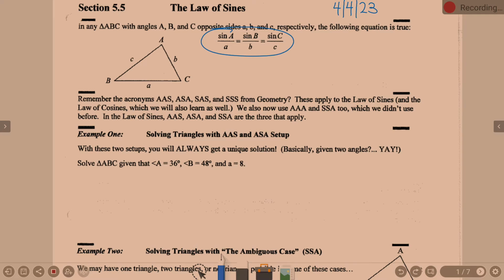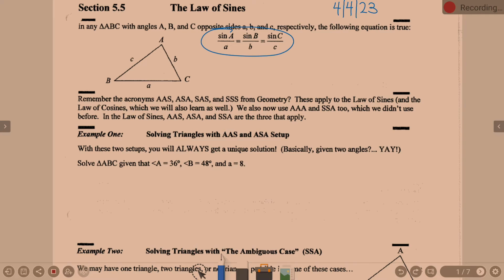Now, I don't know what you guys remember from geometry. I know you remember a little bit, but I would think you remember some things like AAS, ASA, SAS, SSS. Those were specific relationships: angle, angle, side; angle, side, angle; side, angle, side; side, side, side.